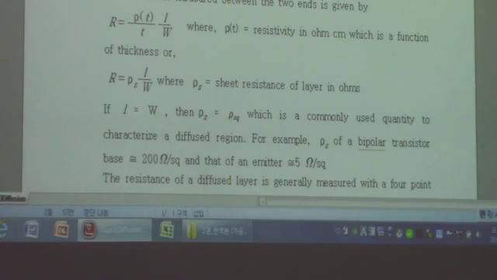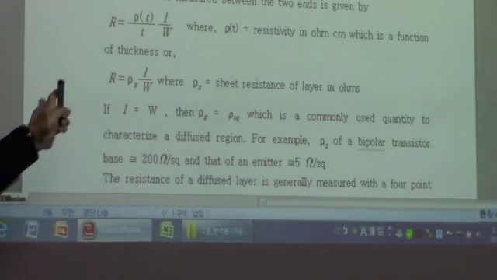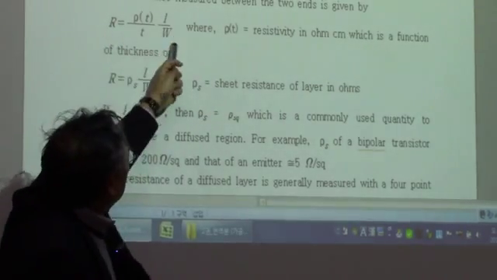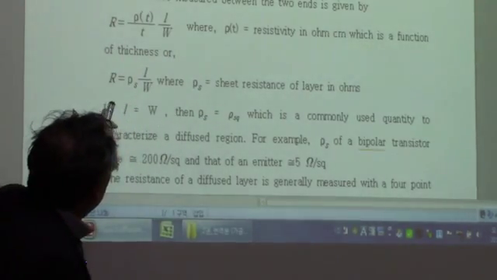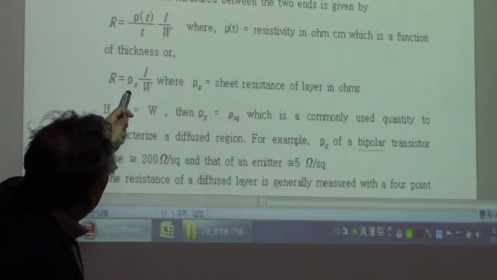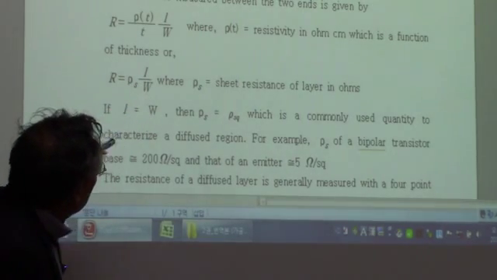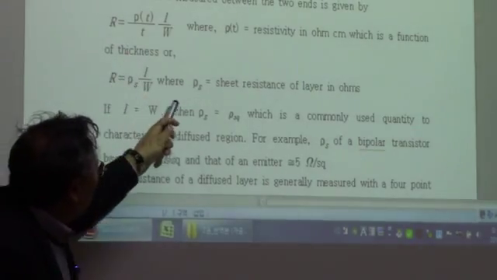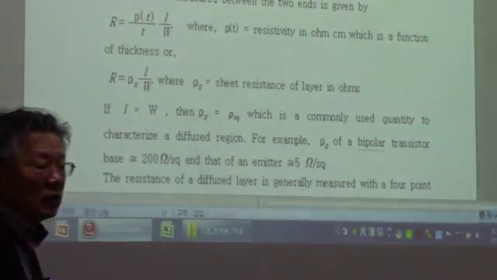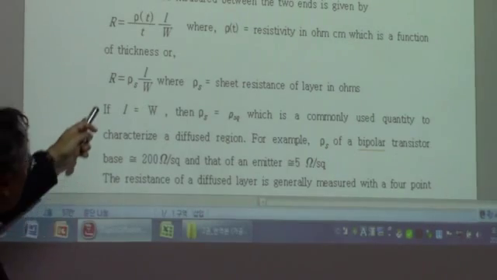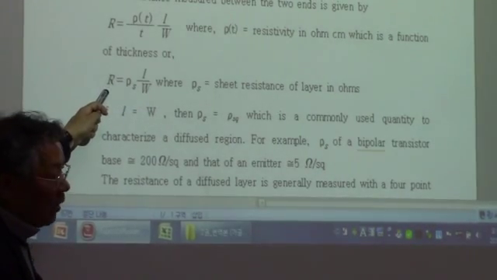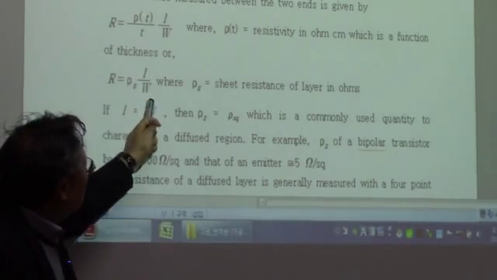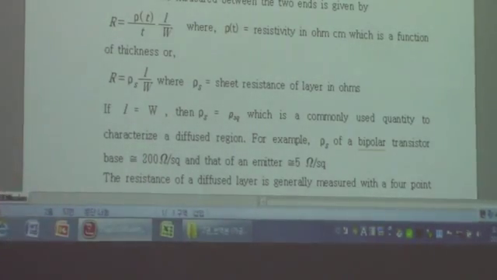Now, the resistance is related to the resistivity in this equation, and the resistivity over the thickness, we define that as a sheet resistance. Then this resistance that we can measure is related to the sheet resistance with this geometry, right?